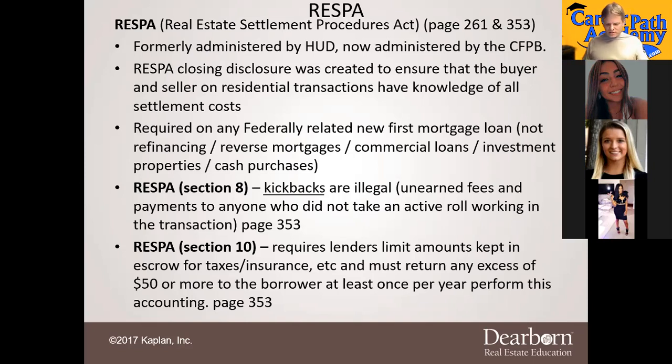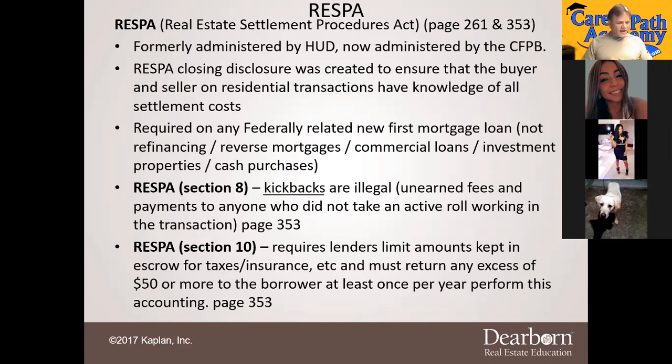Here's the closing disclosure on page 355, 356, 357, and so on. I'm going to show you the most important lines on this page. Are you ready? Yes. Okay. It requires an answer when I ask you guys a question.